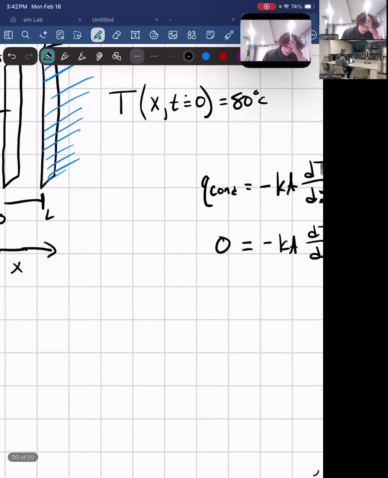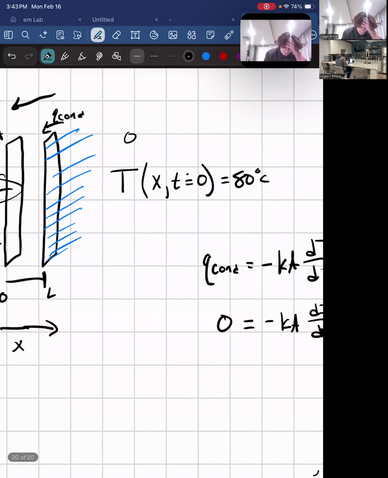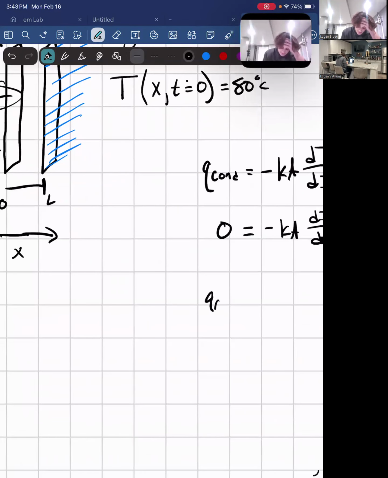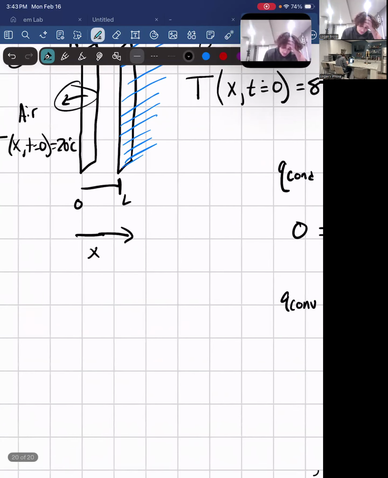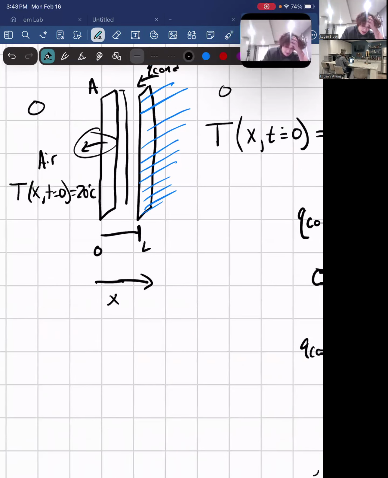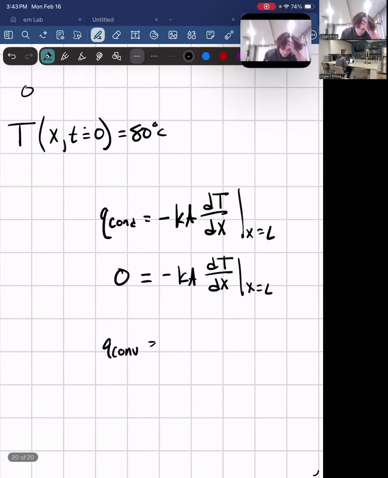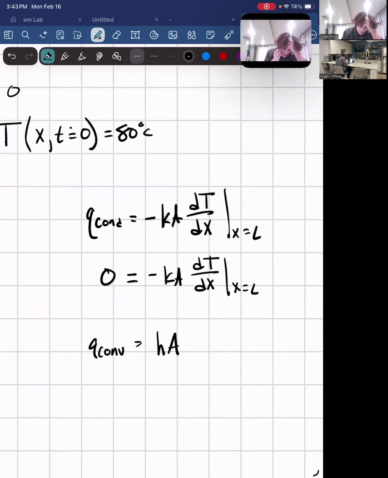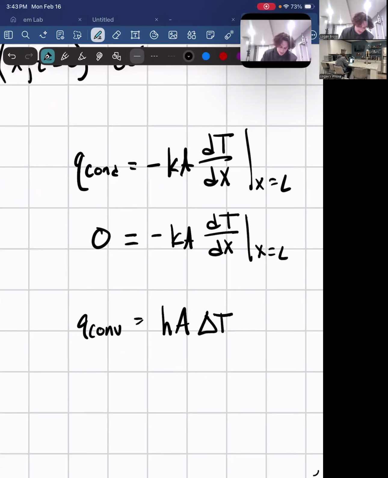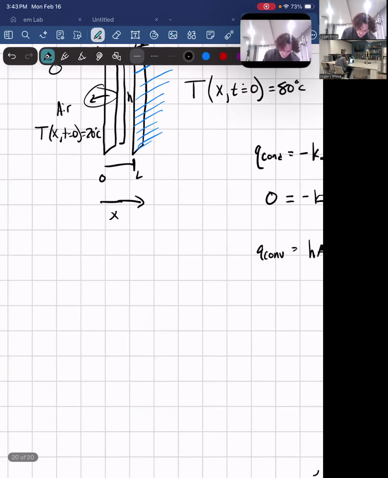So now we can move on to our convection, right, on this side. So the heat of convection equals, right, so we have some arbitrary heat transfer coefficient of the block times the area times the change in temperature, right? So how we can draw this out, if we have a graph here, right, we have position and temperature.